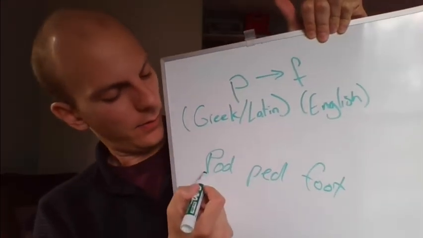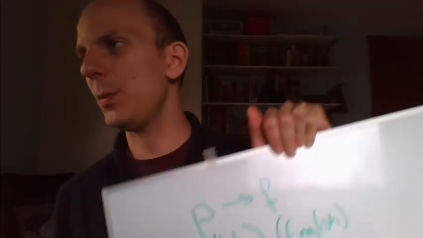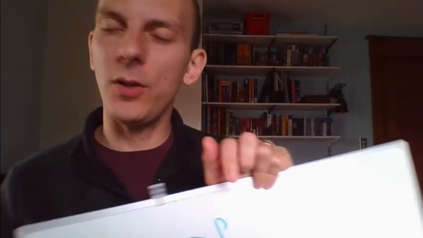Where we have P, P, pod, ped, foot, and we find pater, pater, father. Right? We have all these things. So we find these recurring patterns in the relationship between these languages. And what Rasmus Rask is saying is when you find a lot of those and they're really consistent, just like William Jones said, that's not an accident. These things are then related.